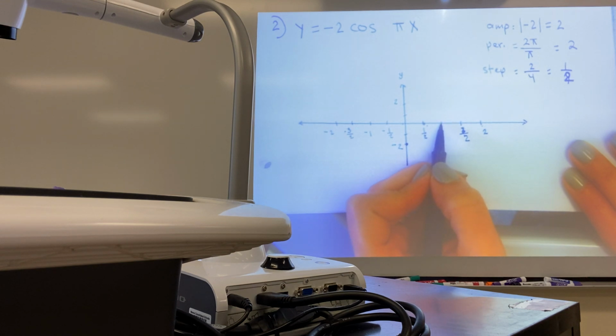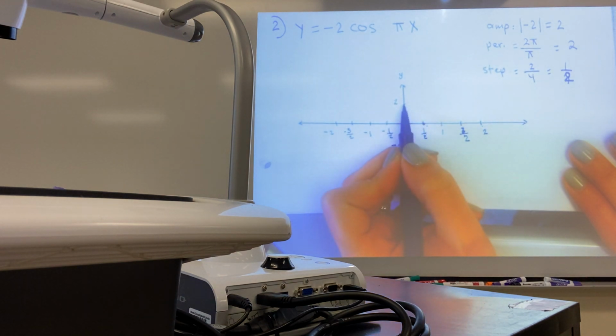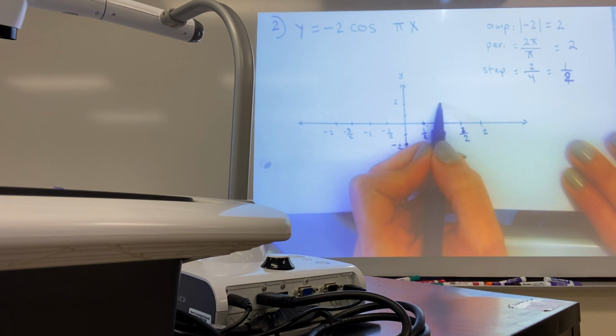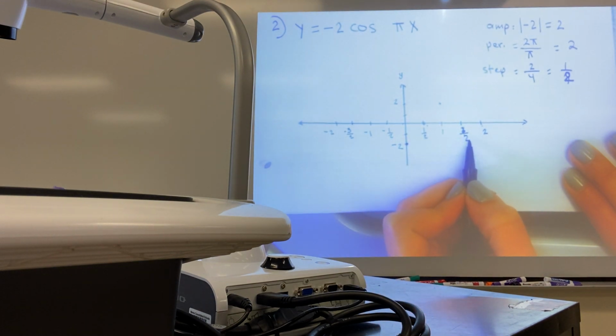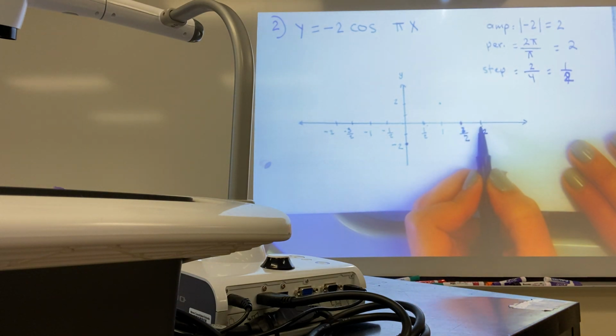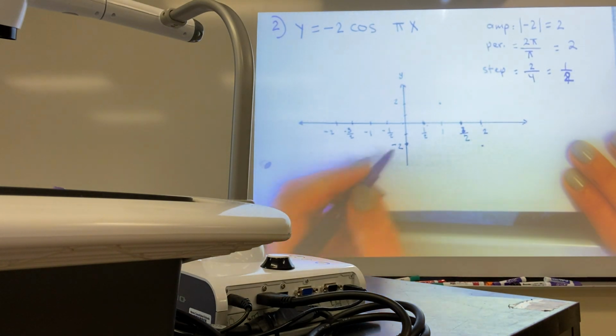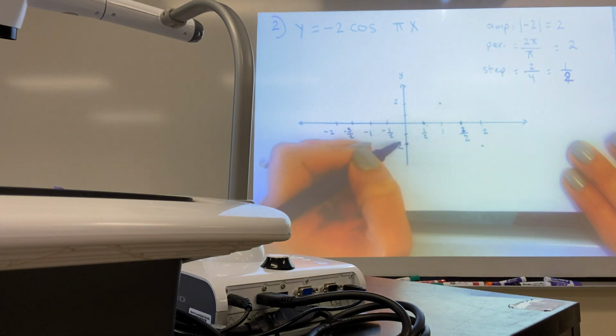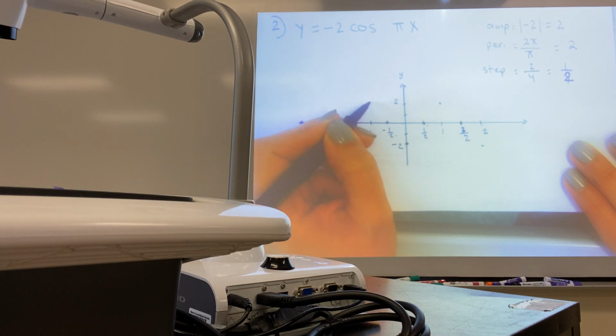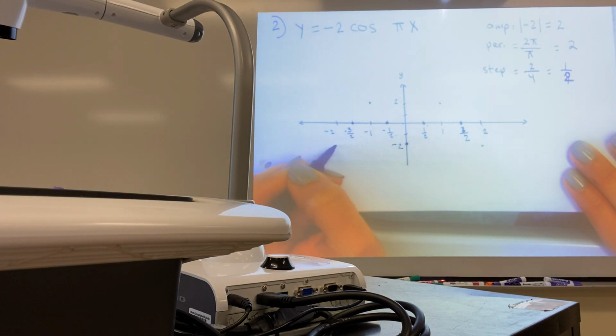When x is 1, the cosine will be 2, and when it's 3/2, cosine will be 0 again, and when x is 2, it will go down to -2. And on the other side it will be 0 here, so it will go up to 2, go back to 0, and go all the way down to -2.